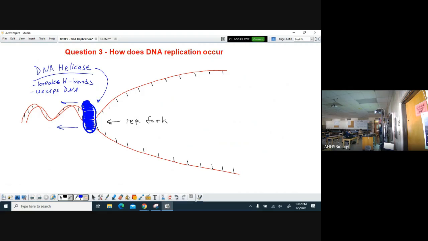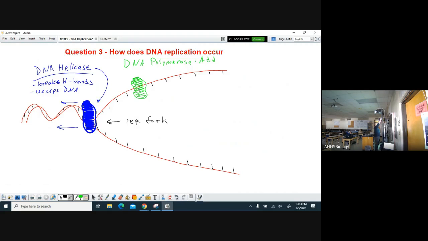It doesn't make anything, but it exposes the information, right? The order and the sequence of the bases, the A's, and C's, and T's are now exposed and open, and the cell can do stuff with them. And that's when the other enzyme comes along. It is called DNA polymerase.